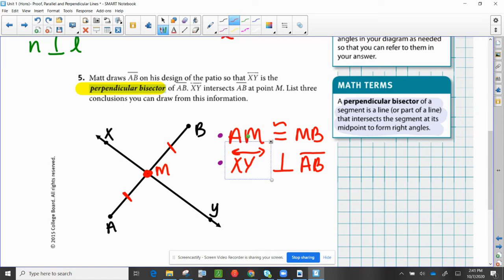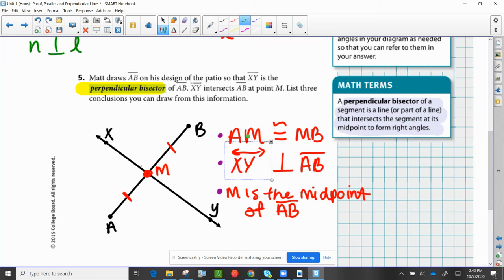Lastly, we can also conclude, and they told us this in the definition, that M is the midpoint of segment AB. So a perpendicular bisector is going to bisect, meaning cut it into two congruent parts.